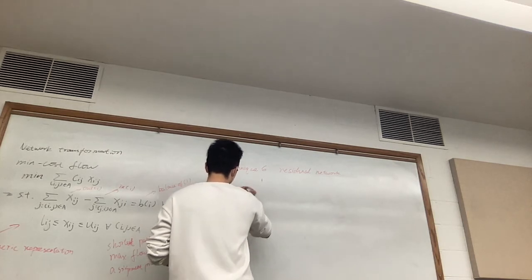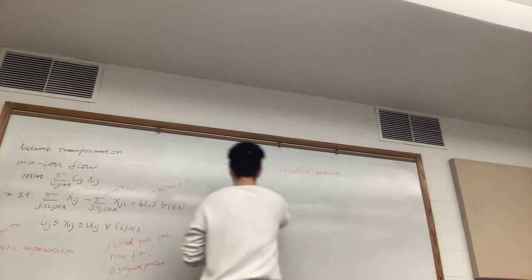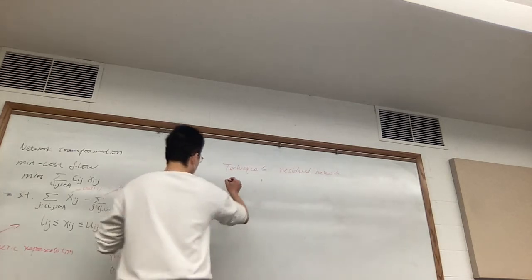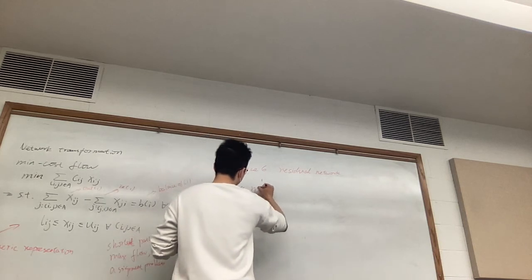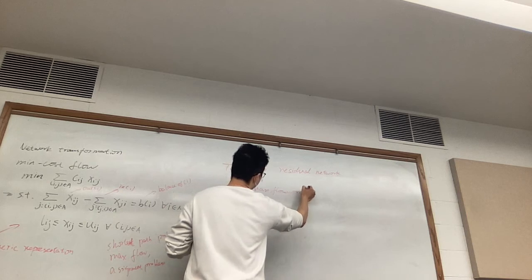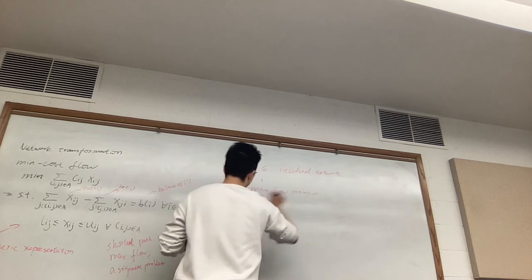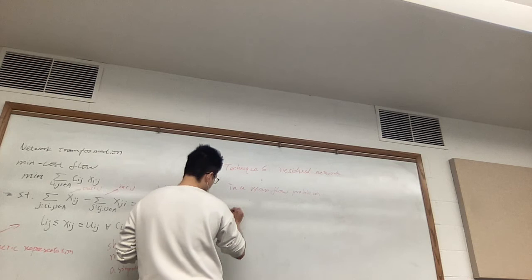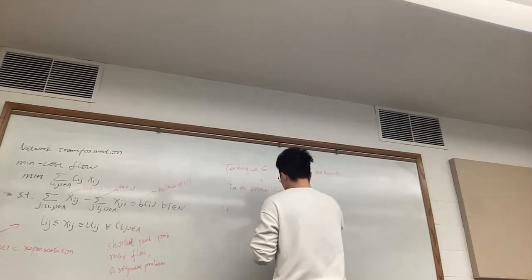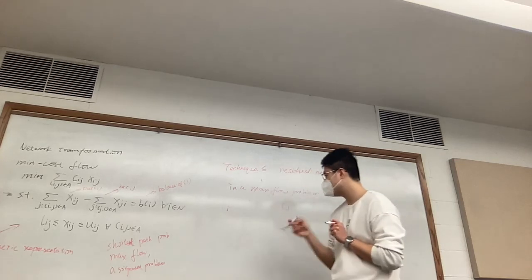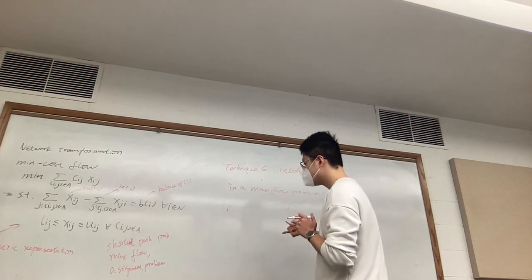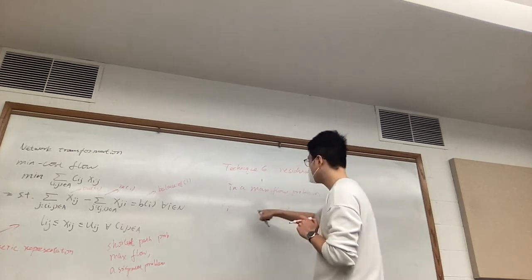Suppose in a max flow problem, let's say we have a node I and another node J. Sorry, this is not very clear.